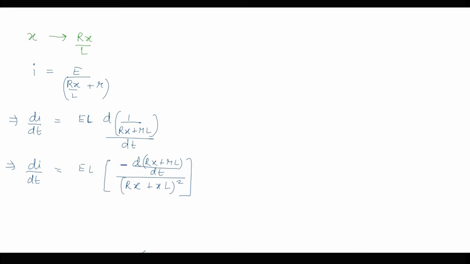This gives EL times R, where dx by dt is written as V, and the derivative of RL with respect to dt becomes 0 because it is constant. Since we are writing the magnitude of di by dt, we omit the negative sign for the time being. So this is the value of di by dt.